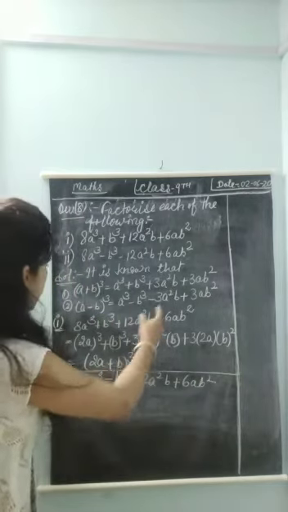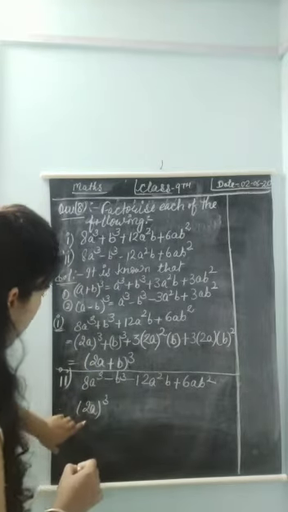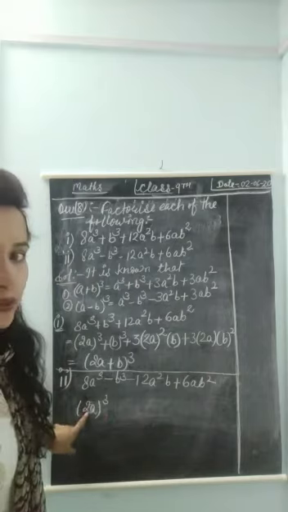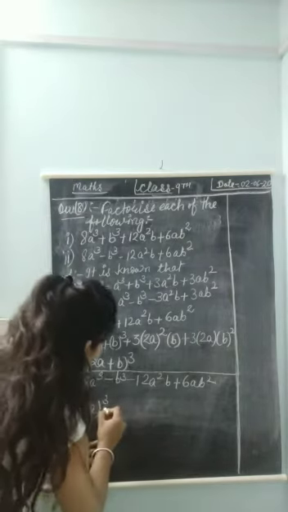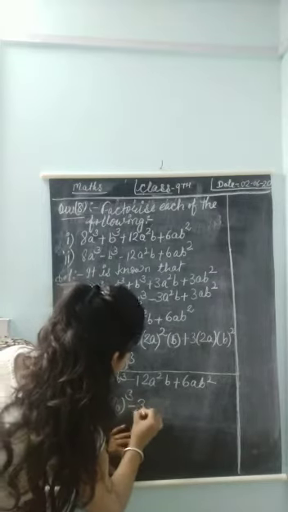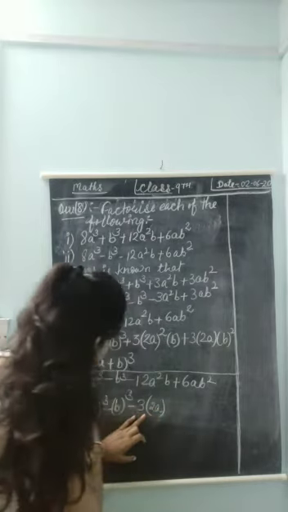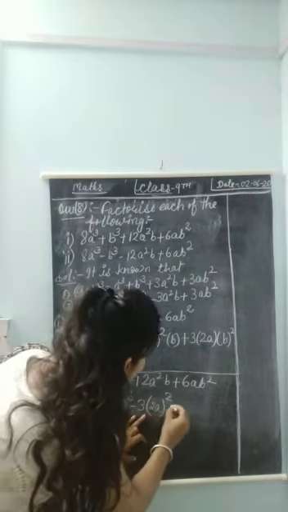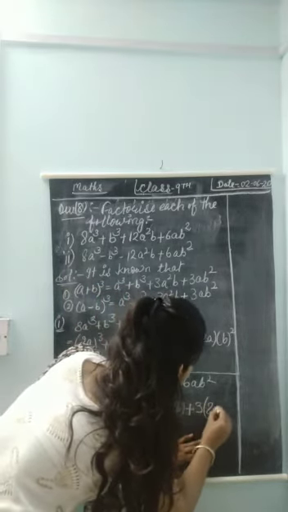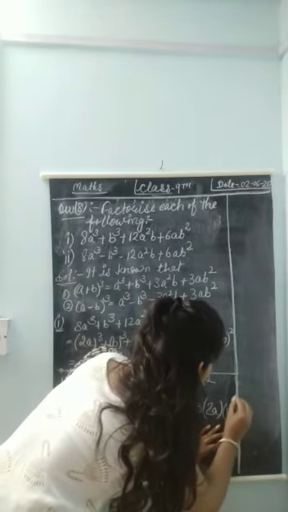By using this identity, (2a) cube, when we multiply 2a three times, we get 8a cube minus b cube minus, taking 3 common according to the formula, where the value of a is 2a, square b plus, taking 3 common, 2a into b square.